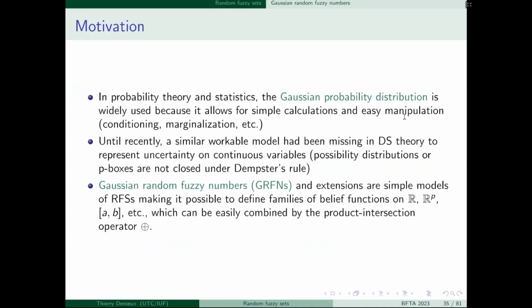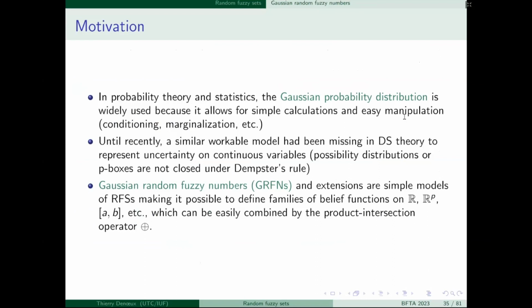It's actually in Shafer's thesis, published before his book. In his book, he doesn't mention this because he doesn't want to have complicated mathematics, but it doesn't mean that he doesn't know all the theory for abstract spaces in any continuous space. But we didn't have a practical model like the equivalent of the Gaussian.